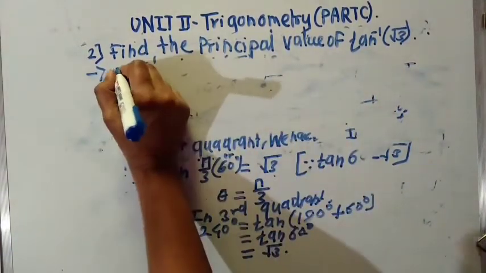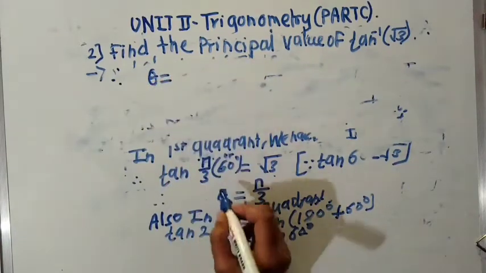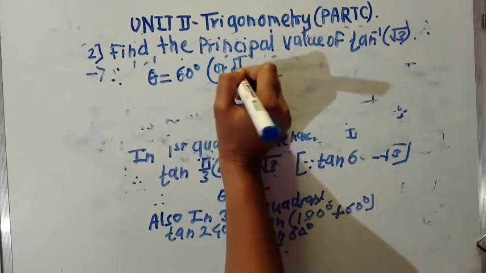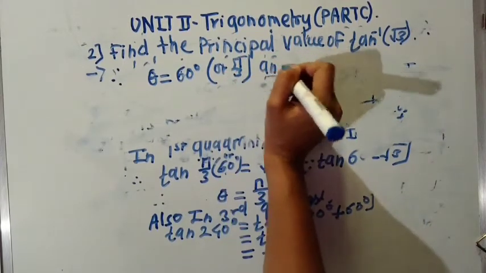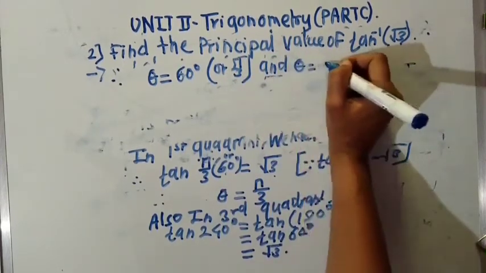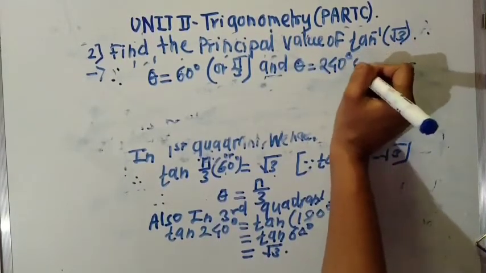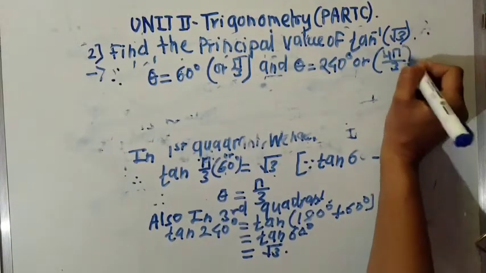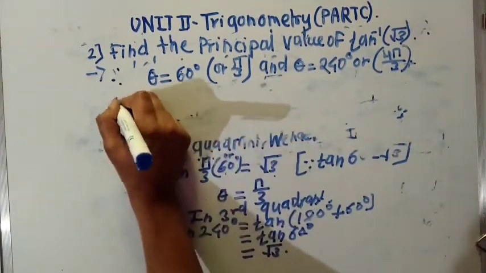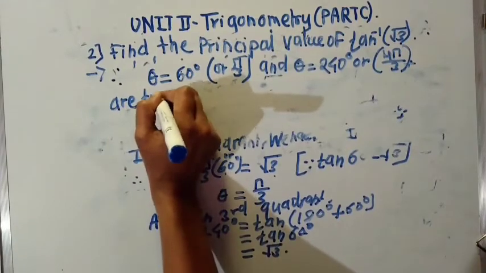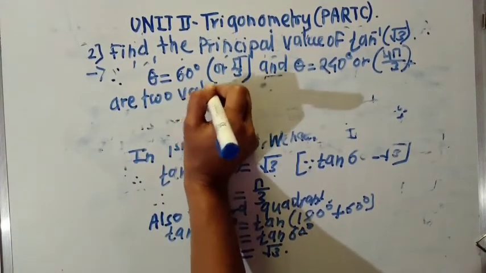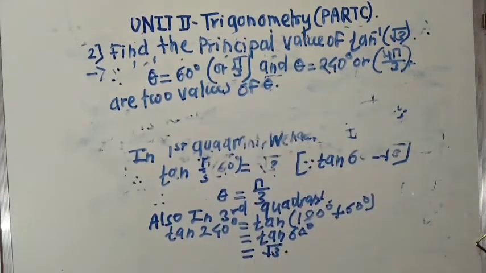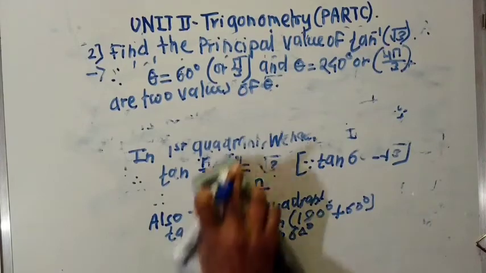Here we get two values of theta in the first quadrant and in the third quadrant. Theta is equal to 60 degree or pi by 3, and theta is equal to 240 degree or 4 pi by 3. These are two values of theta. But which is the principal value?